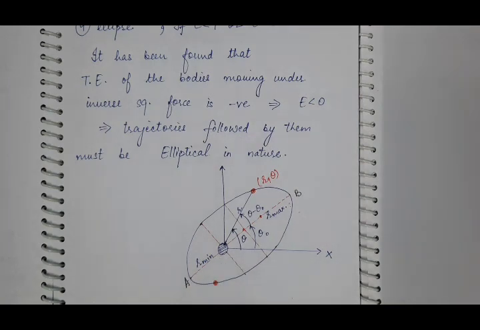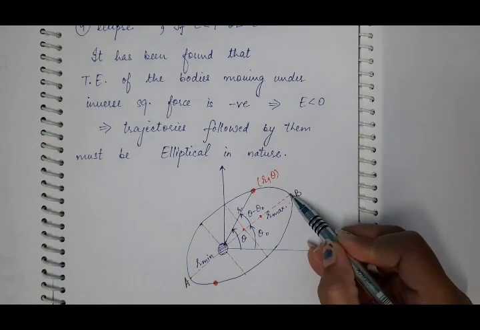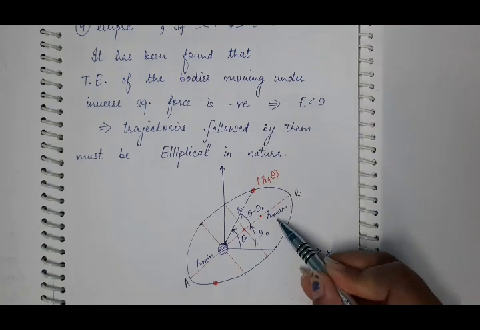Only then the value of mvr will remain constant, because the mass of Earth is constant. So in the quantity mvr, r is changing. When r is minimum, mvr remains constant only if v is maximum. And at point B, when r is maximum, v will be minimum.